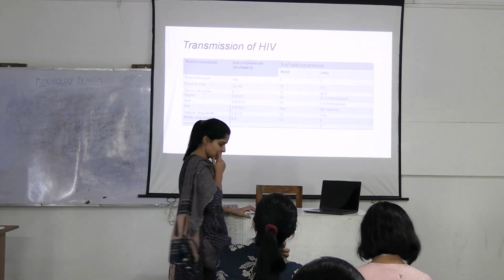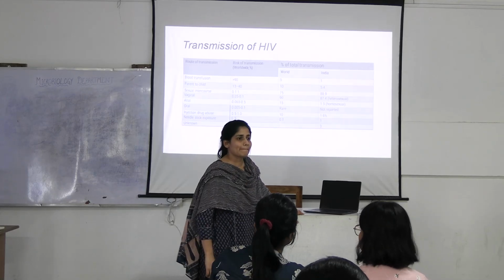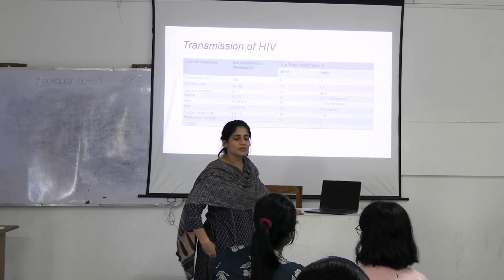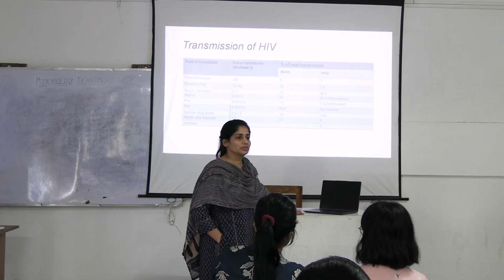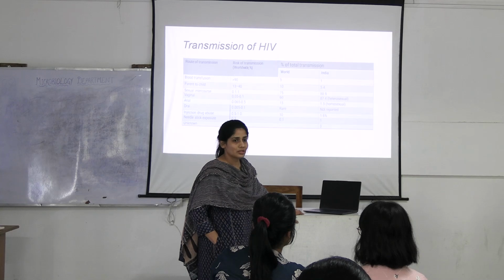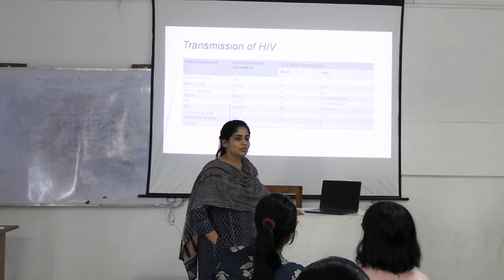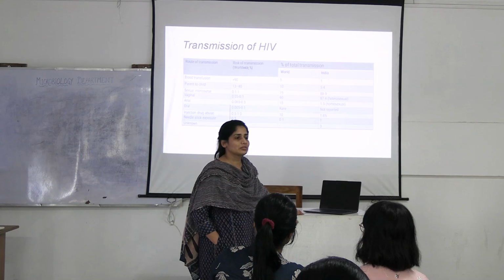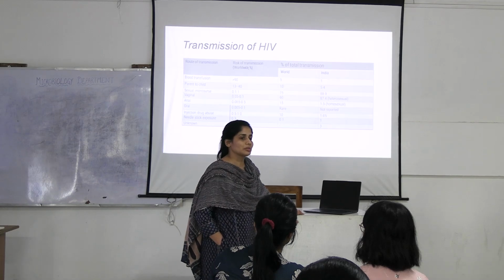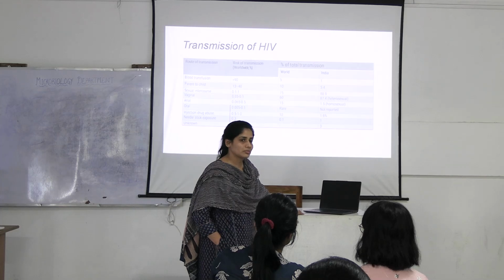Okay. How does the HIV get transmitted? Blood transfusion, sexual intercourse, mother to child, and subcutaneous injury. Okay. So out of these, what is the difference between route of transmission and percentage of transmission? Like, which one is common and which one is least common?